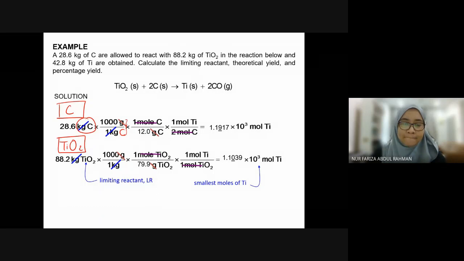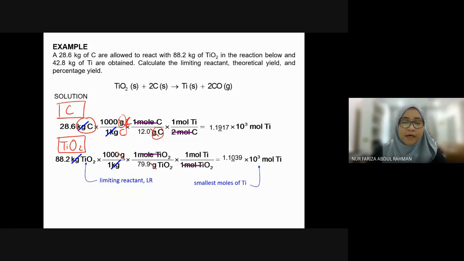Up here we have gram, so at the denominator for the next conversion factor should also be in gram of carbon, so this one later on will be cancelled out. We have the molar mass, the atomic mass of the carbon.